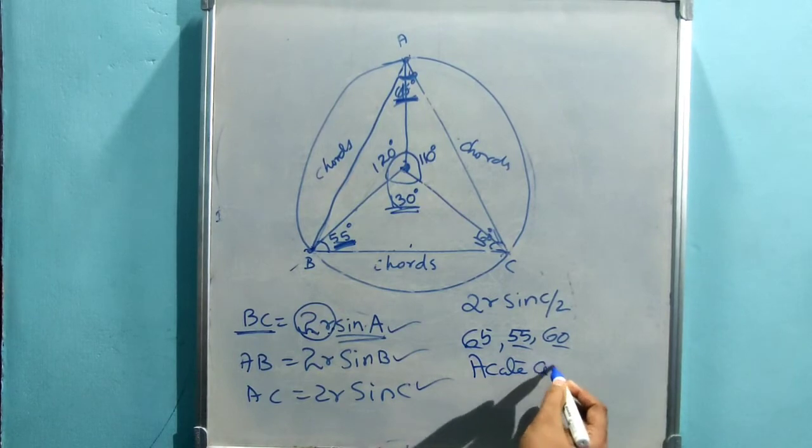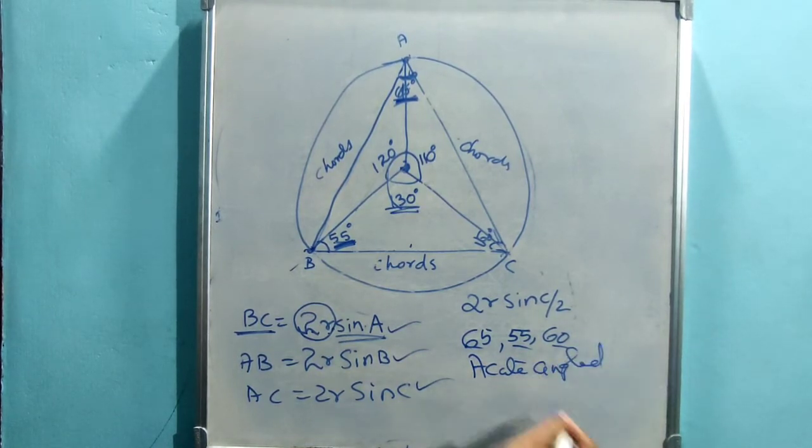So in an acute angled triangle, the sides can be determined using the radius of the circumcircle and sine of the opposite angle.